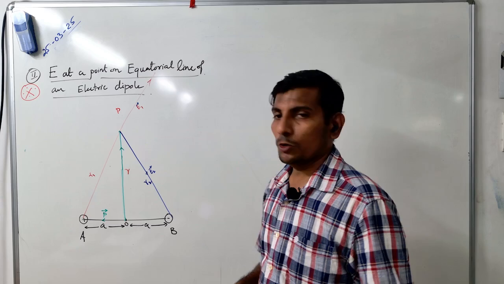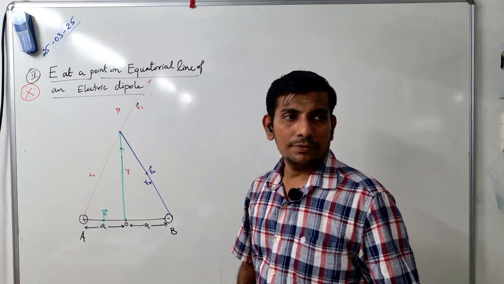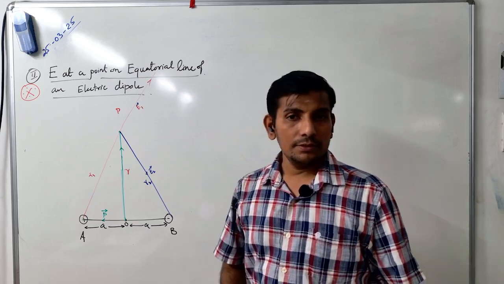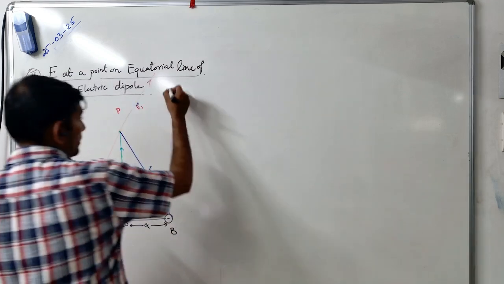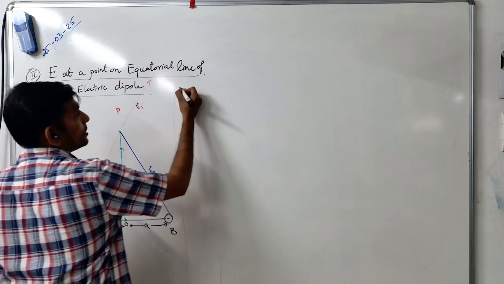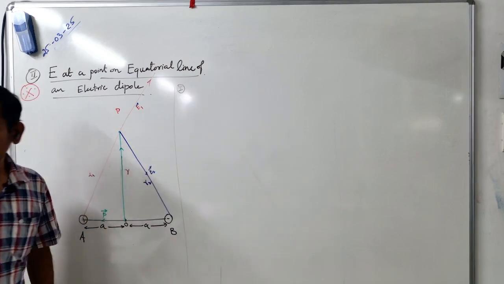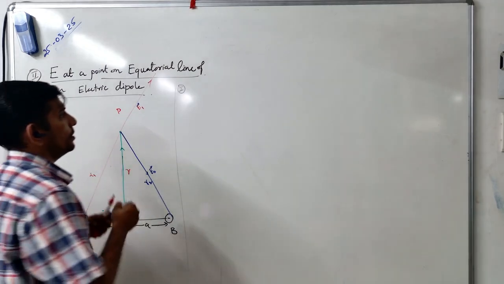Now our diagram is almost over. Okay. So now we are going to describe a few points and then we proceed. What are the things that I'm going to write here as usual? First point is the electric field due to the first charge and the electric field due to the second charge. Can we write? Yes. Let's write this information.